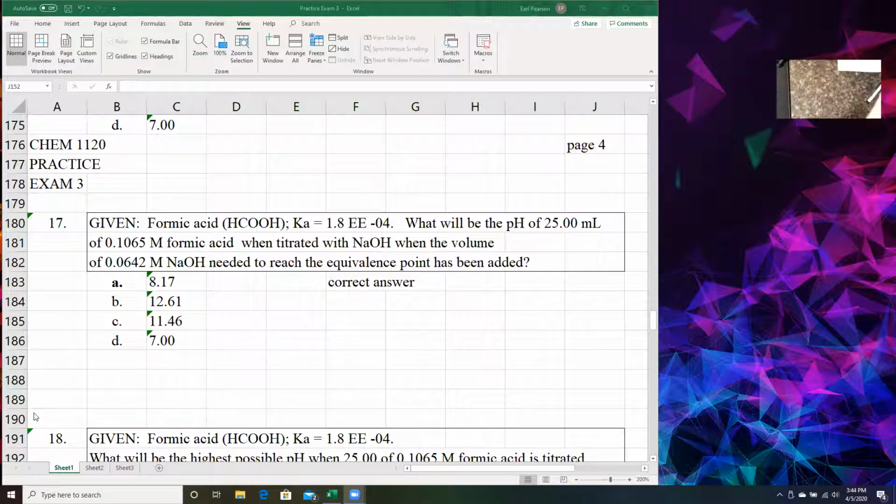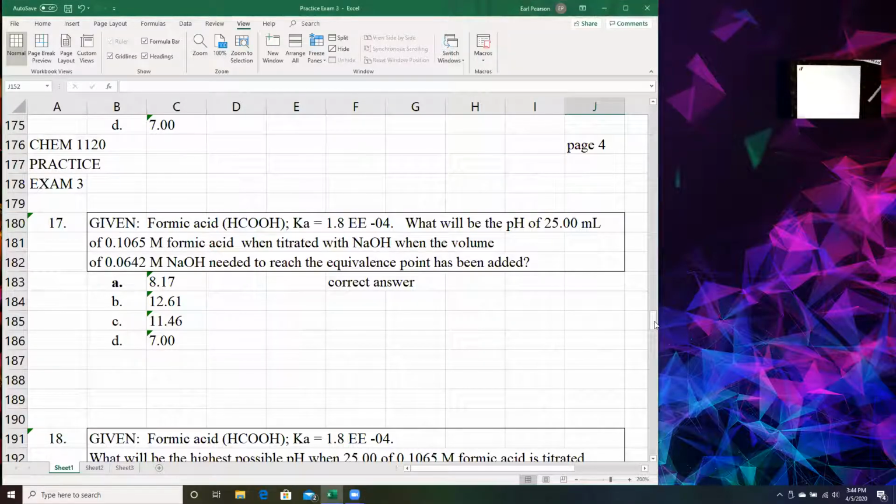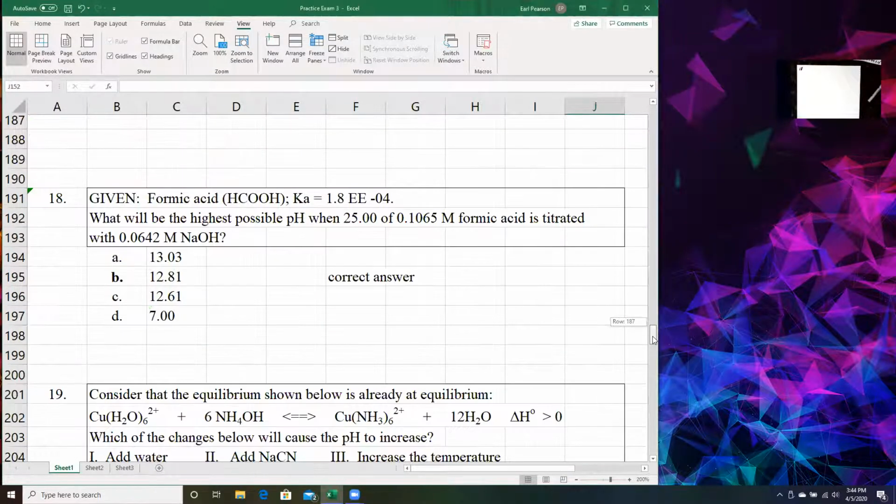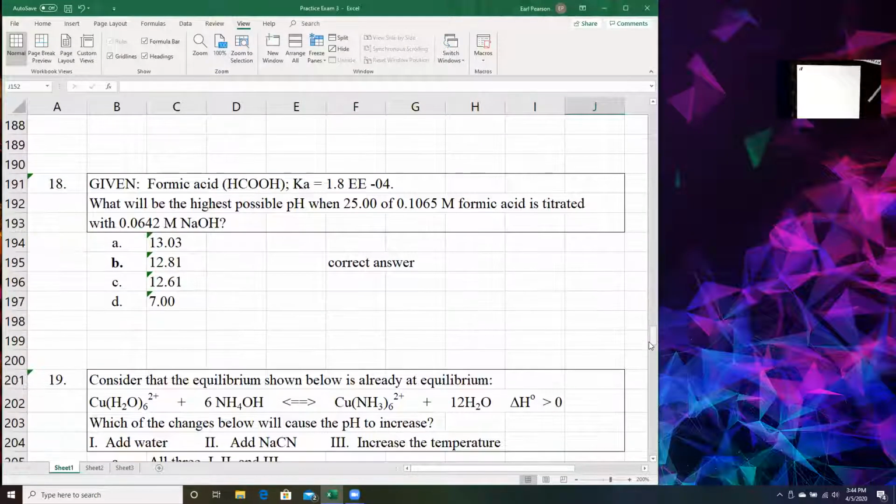Now let's go ahead now and do the next problem, which I think is going to be the last one on the titration curve probably. And we're up to number 18 now. Okay, so what would be the highest possible pH when 25 milliliters of my formic acid is titrated?